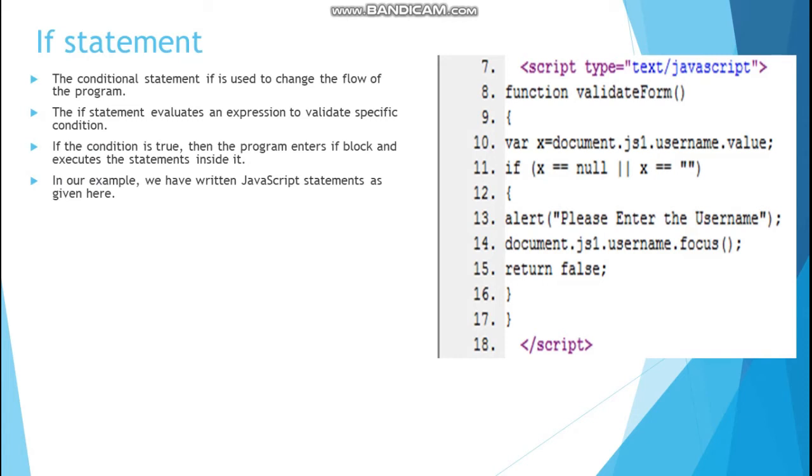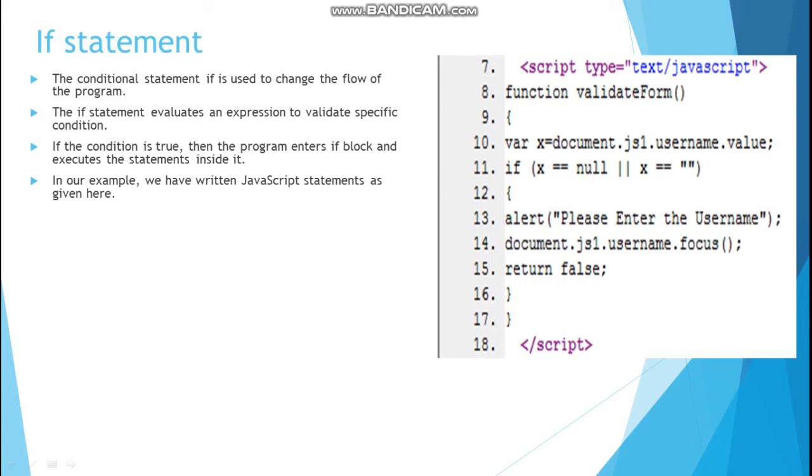So x == null or x == "", and inside the double inverted commas there is nothing written, it means blank. So if you have not typed anything in the username text box, then it will display a message alert. Inside alert it is written "please enter the username", so it will display this message.